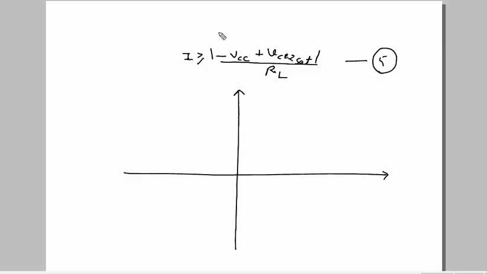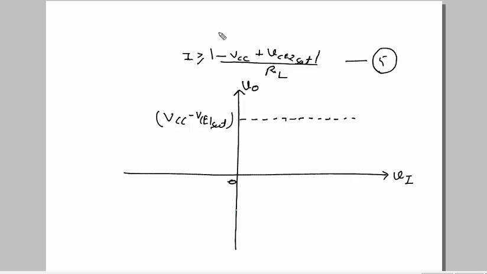So this is the y-axis output voltage, x-axis input voltage, this is 0. We have already seen that equation number 2 will give the V0 max in the positive direction, which is VCC minus VCE1 sat. So this is the maximum value in the positive direction. In the negative direction we will have two values.